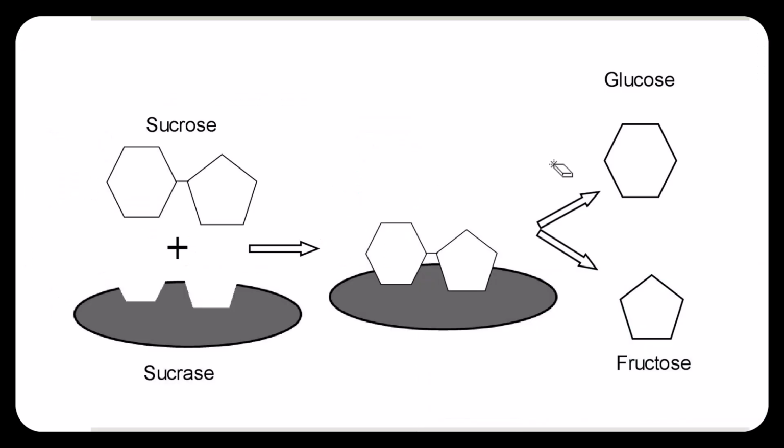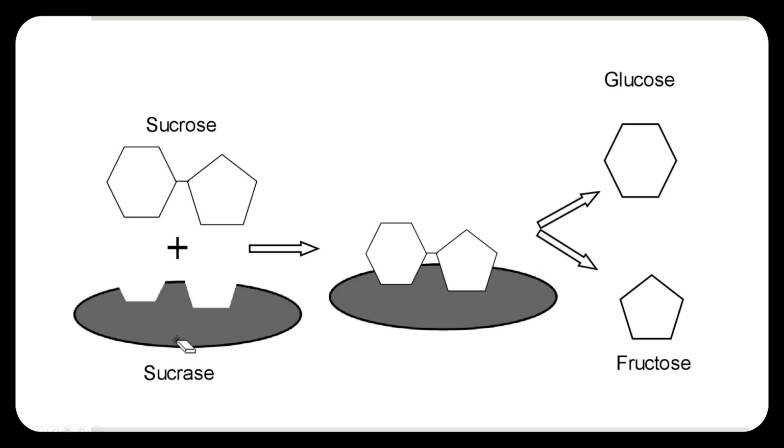So here's an example of a catalyst. Obviously, a catalyst does not look like this with hexagons and octagons, but you'll get the idea. If this is our sucrose molecule, sucrose is essentially glucose and fructose attached with this bond here. The sucrose comes into the sucrase enzyme, which has one job, and that's to break down sucrose.